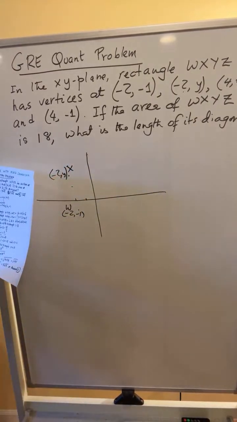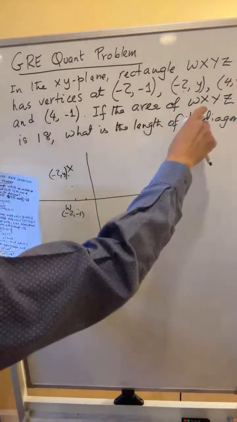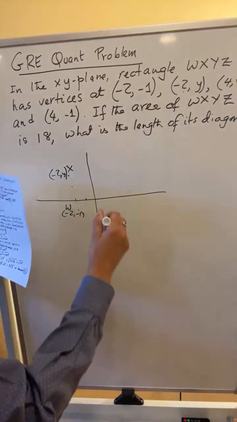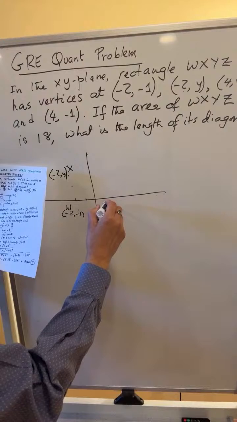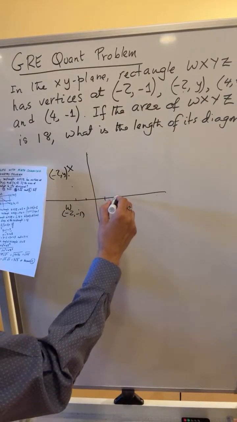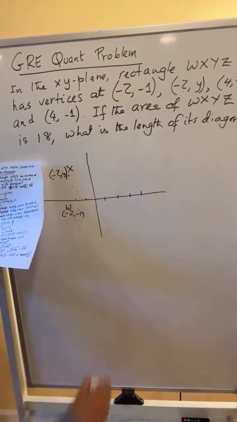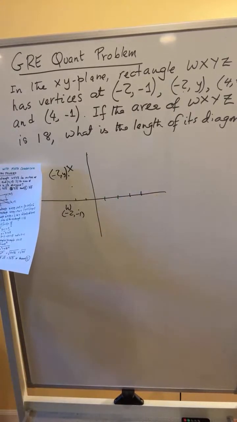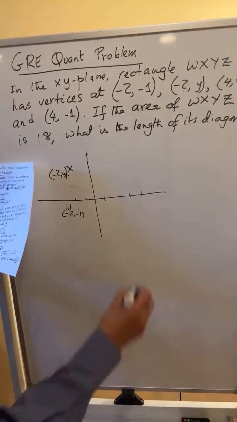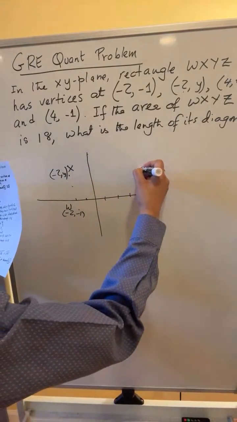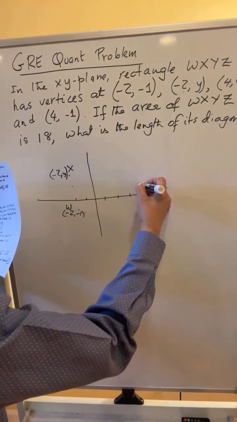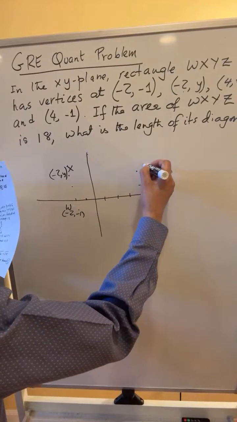Okay. Next one is (4, y), and that is 4 units on the horizontal axis, x-axis, positive. And it's also up by y. Let's put it over here.